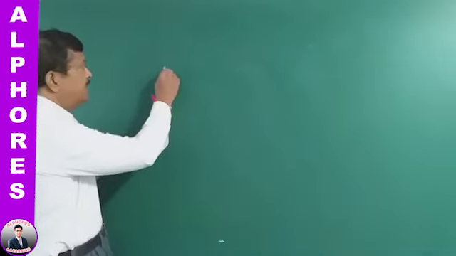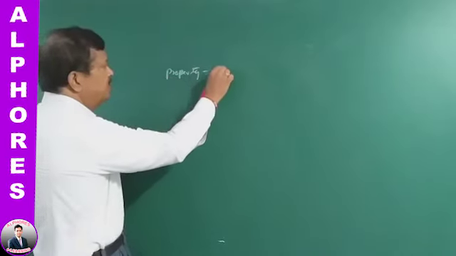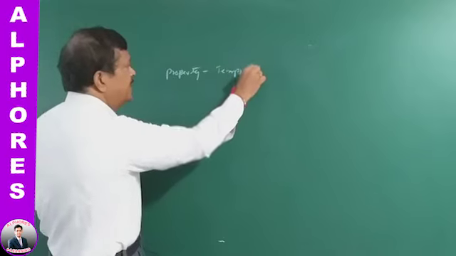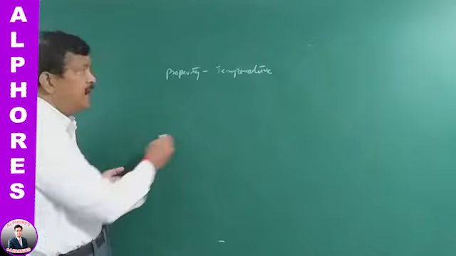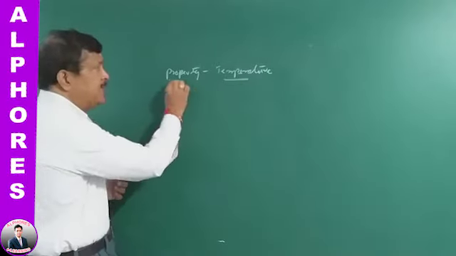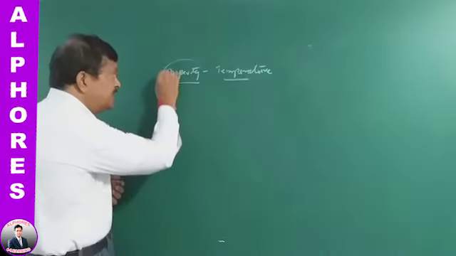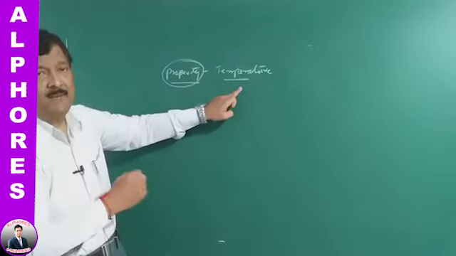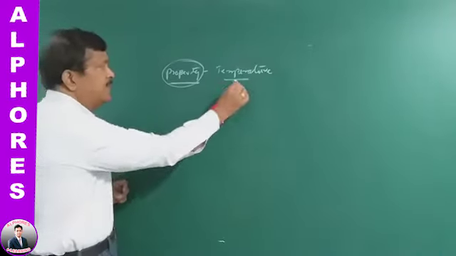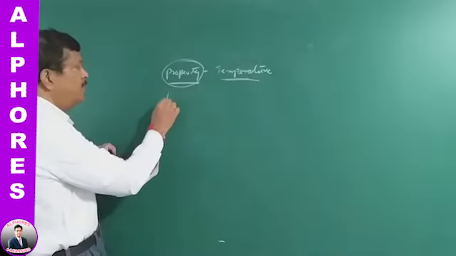That means you consider a property which depends upon the temperature of the body, and whenever the temperature changes, the property also changes. Then by measuring the change in this property, we can measure the temperature. Such a property is called a thermometric property.